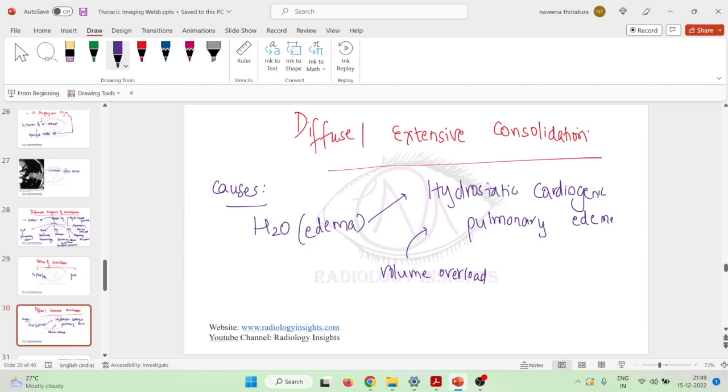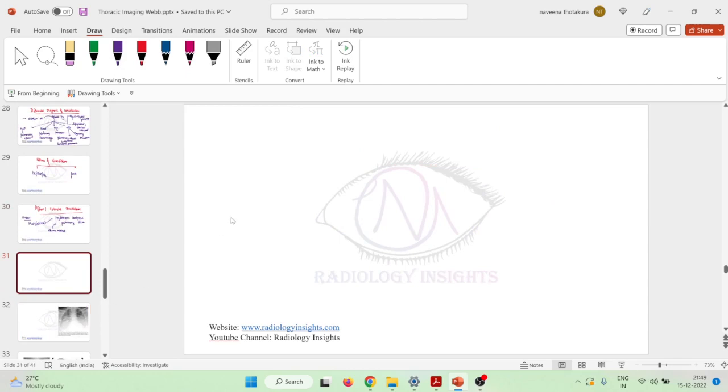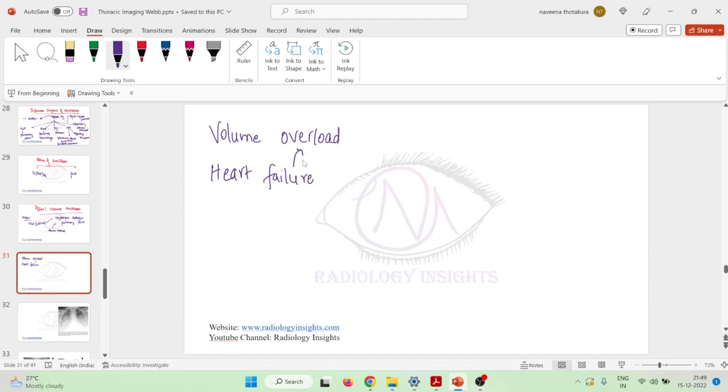So we will see conditions. First, whenever the patient has volume overload or heart failure, obviously in heart failure the heart is unable to pump the blood. As a result, the blood present in the peripheral vessels will remain like that only. So this is also a condition of volume overload.